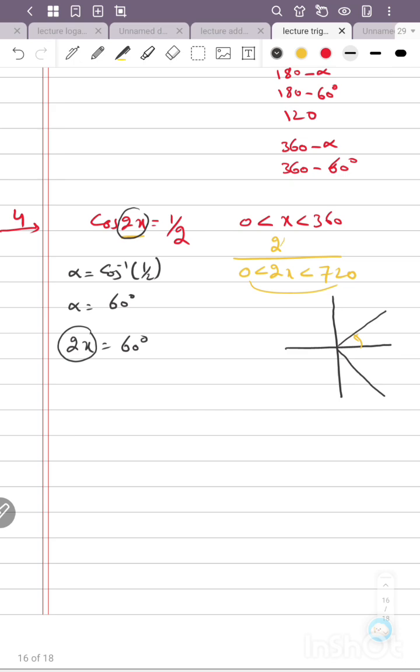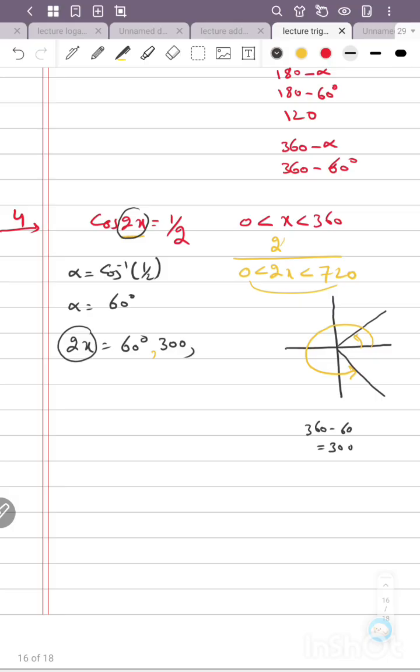Now we will go forward. If we start from here and go to the fourth quadrant, for the fourth quadrant we get 360 minus 60, so the answer is 300.